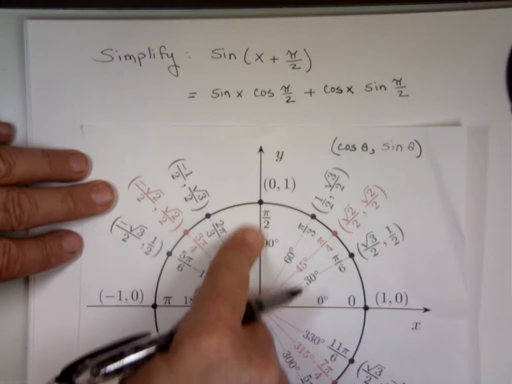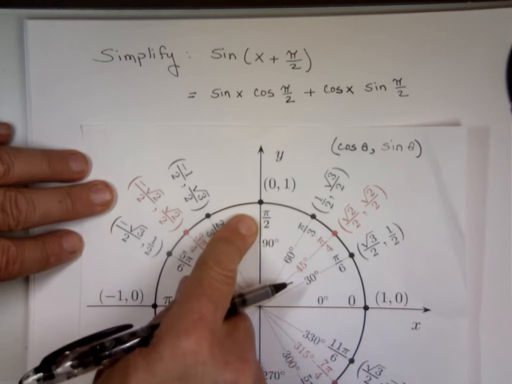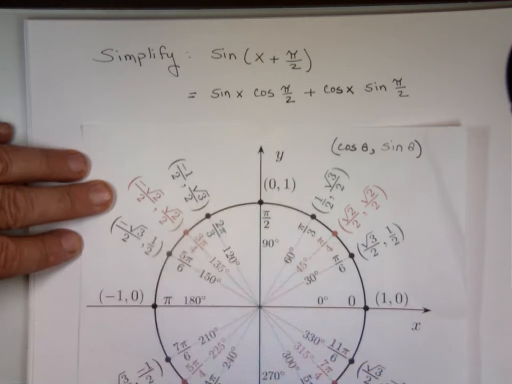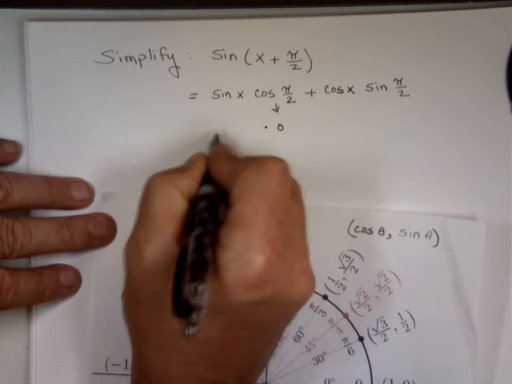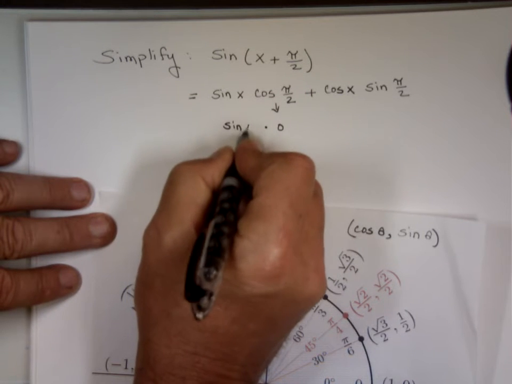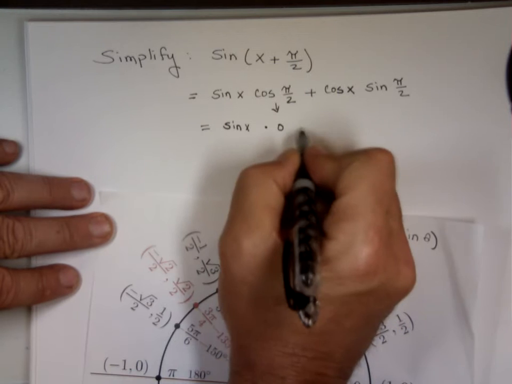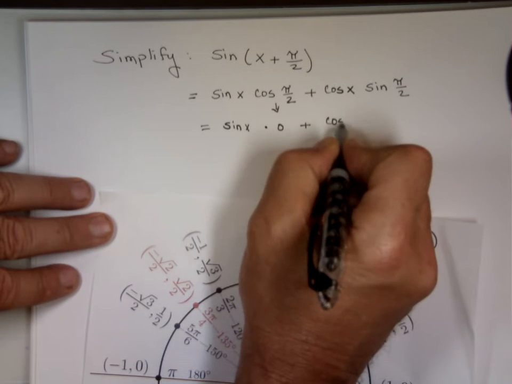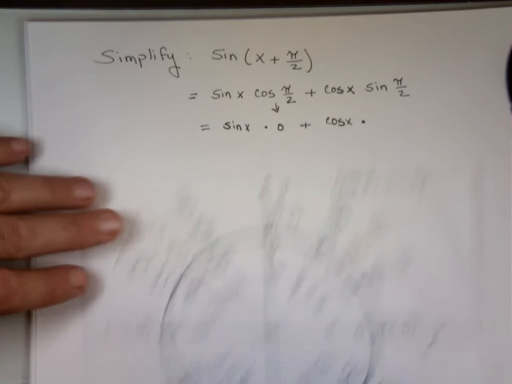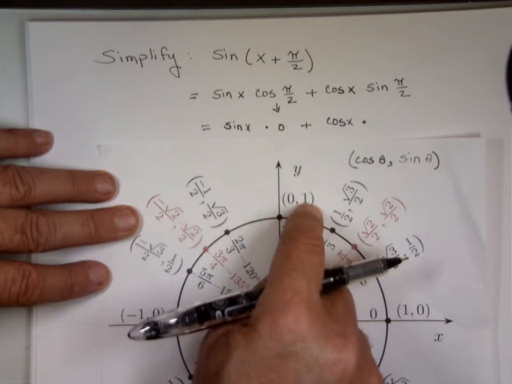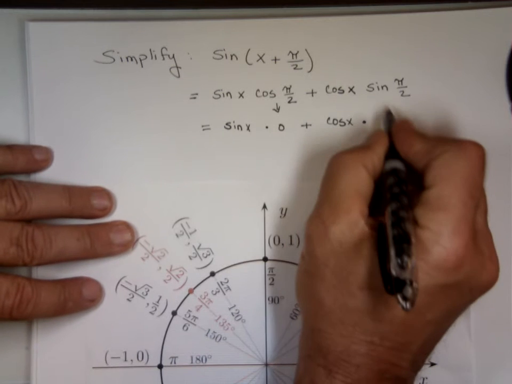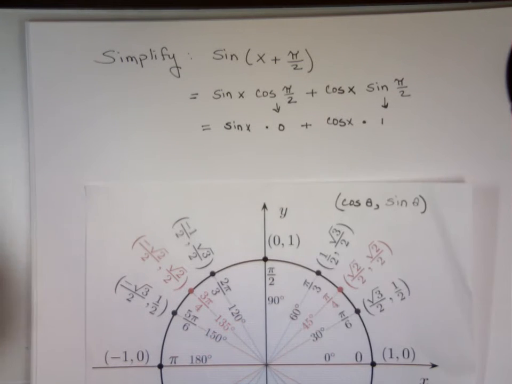What is cosine of pi over 2? What's the cosine of that? 0. So this value here is 0, 0 times sine of x, plus cosine of x times, what is the sine of pi over 2? 1. The sine of pi over 2 from here, that's a 1.